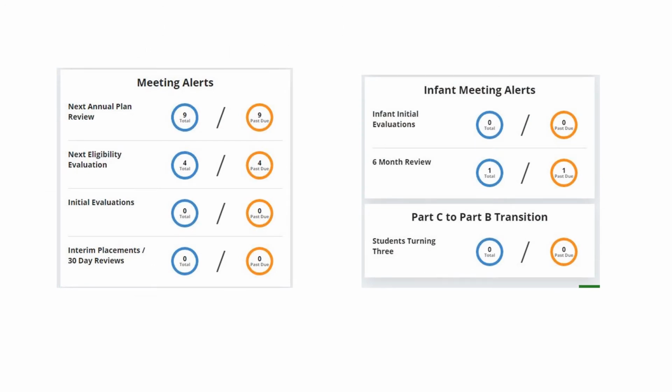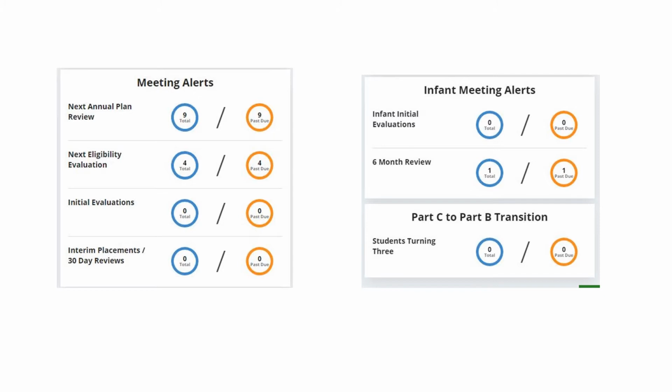Meeting alerts are located below the local news section on your dashboard. This will help you keep track of when IEP meetings are coming due. Plan reviews that are due within the next 30 days, eligibility evaluations due within the next 75 days, initial evaluations due in the next 60 days, interim placements or 30-day reviews on records that have been transferred in over the past 30 days will all populate here.